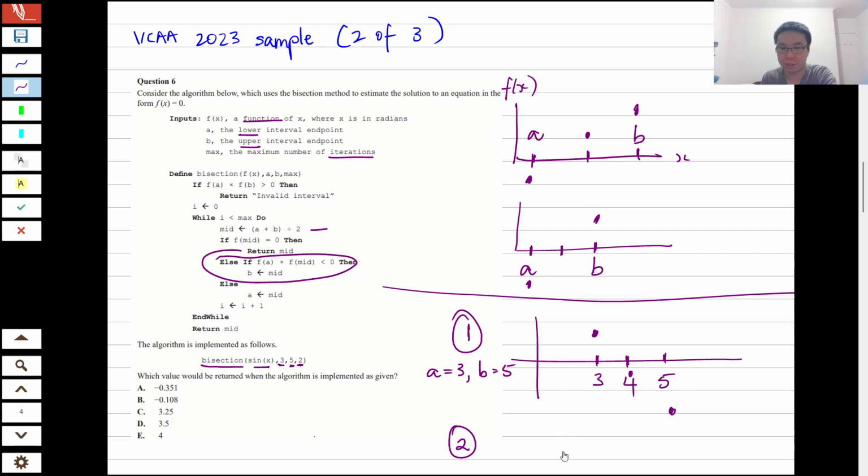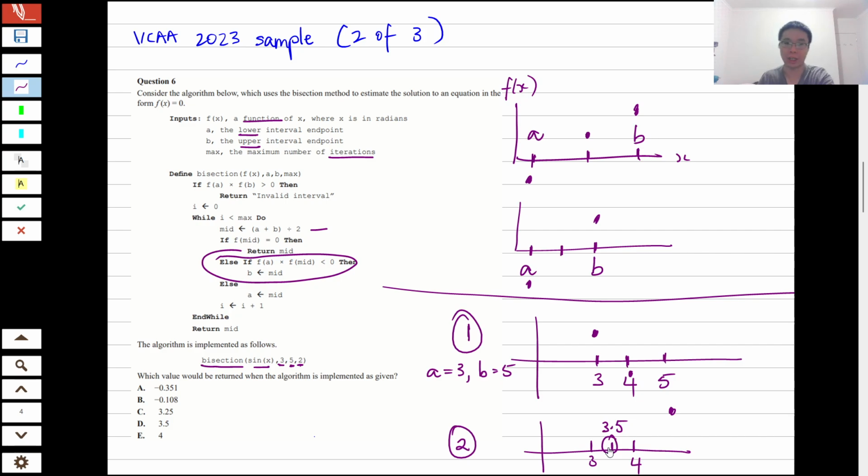Okay, so now we'll have 3 and 4. And it actually doesn't matter what happens next because my new midpoint is going to be 3.5.